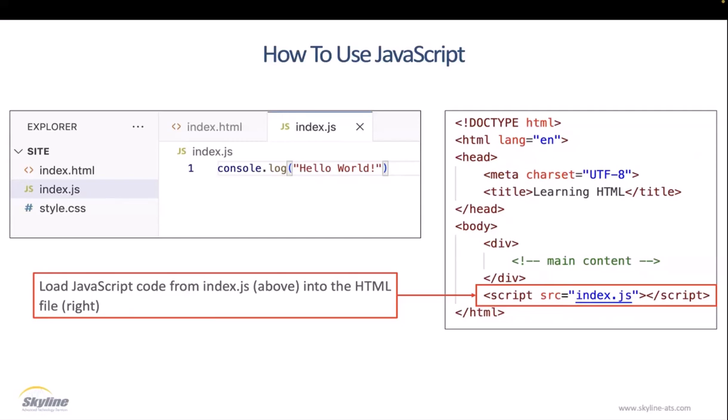Decoupling your JavaScript from your HTML, meaning keeping these documents separate and applying them with something like this, makes the actual development process and managing your project's files and resources a lot easier, because the organization is a lot easier to understand and keep track of.